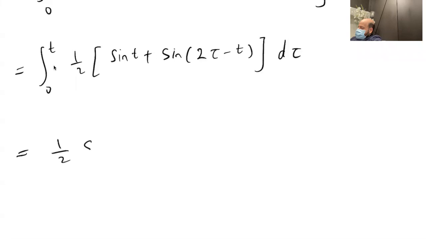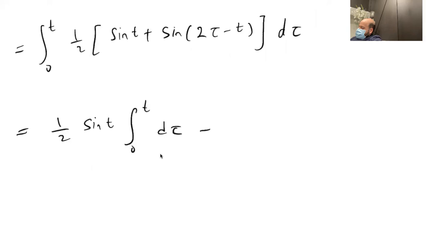So 1/2 sine t can be taken out, then the integral from 0 to t of d tau. For the first term, once I take these terms out, only 1 will be left, so 1 times d tau, or simply d tau. And then for the second term, plus 1/2 the integral from 0 to t of sine of (2 tau minus t) d tau.